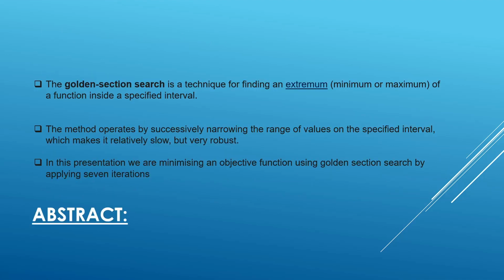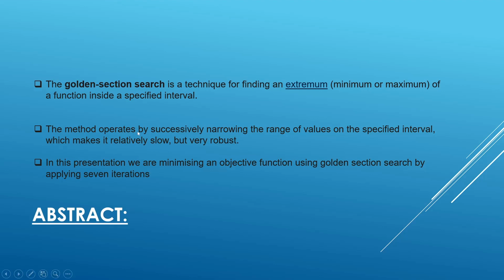So the abstract of our topic, the golden section method. The golden section search is a technique for finding an extreme minimum or maximum of a function inside a specific interval, like a to b, like 0 to 1. In that interval, we are going to find an extreme minimum or maximum of a given function.